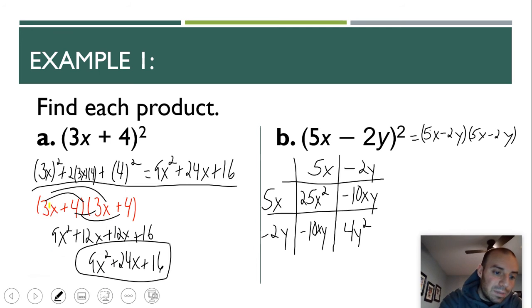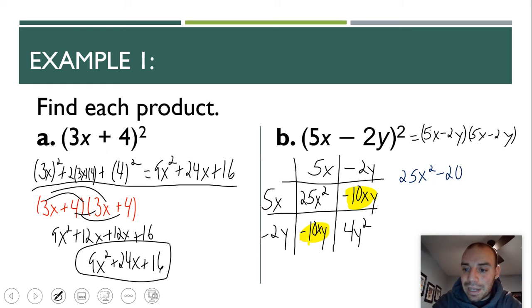We do have some like terms here. Just because there's two variables, maybe slightly more challenging, but not overly different. Let's put it all together. 25x squared minus 20xy plus 4y squared.